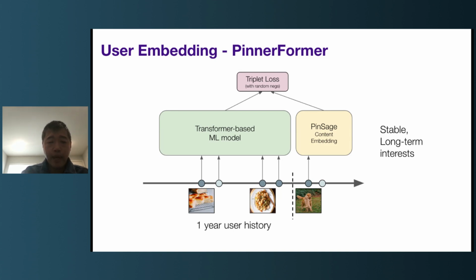The pinner embeddings had 10 plus launches and had a lot of impact on engagement when we incorporated those signals into our machine learning models and systems. I would like to call out that this is one of the greatest innovations in terms of machine learning technology, and it has driven a lot of gains in our machine learning models as well as product features.